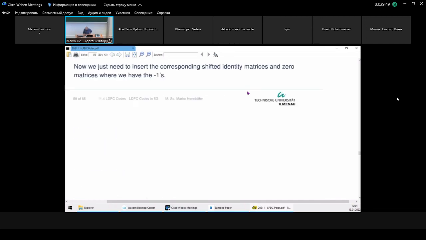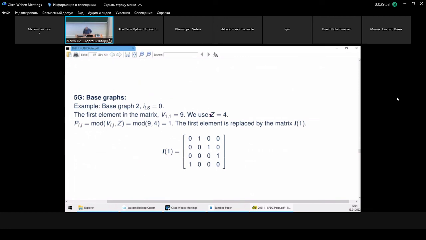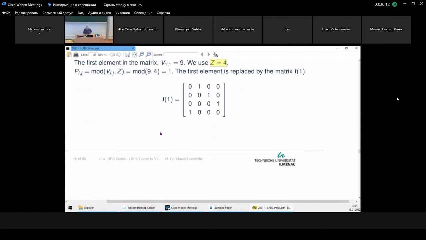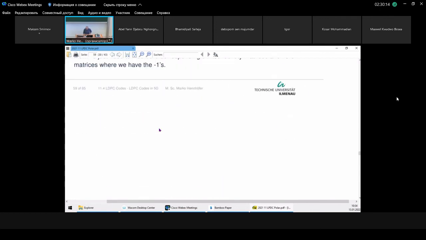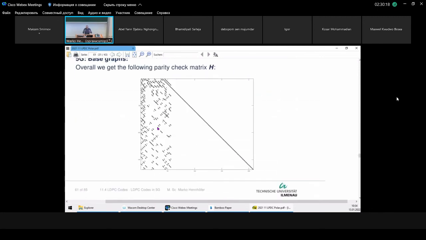Probably I've also written this in the slides before. Yes, here we actually used Z being 4, the lifting size. So we have 4 possible submatrices that can appear, the identity matrix, and the 3 shifted versions of it. And now, of course, by selecting different lifting sizes, different Z indices, we get this whole flexibility of these 5G matrices.